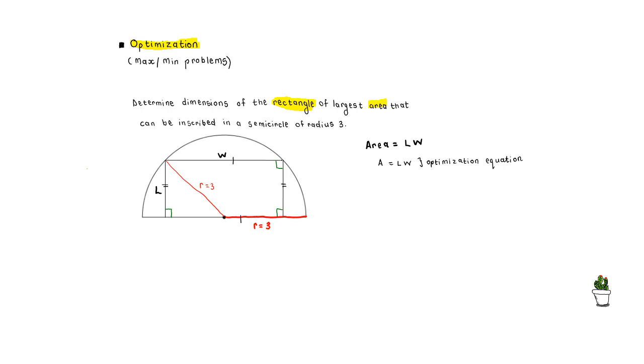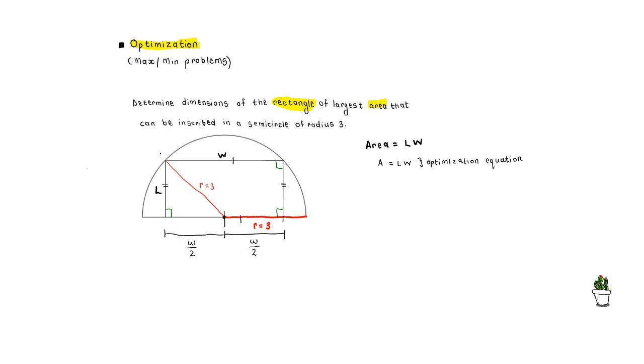Now knowing that, when this rectangle is at its maximum area, the center of the semicircle will coincide with the midpoint of this length, meaning that we can have this length, from this edge to the center of the semicircle, as W over 2. So now we have the length of one of the sides of our triangle.